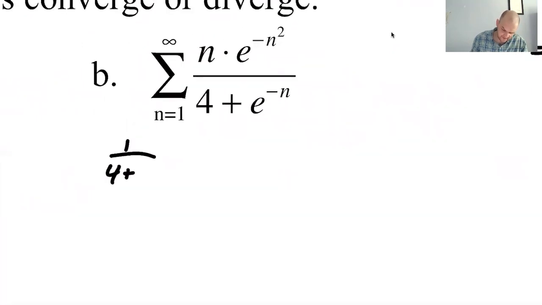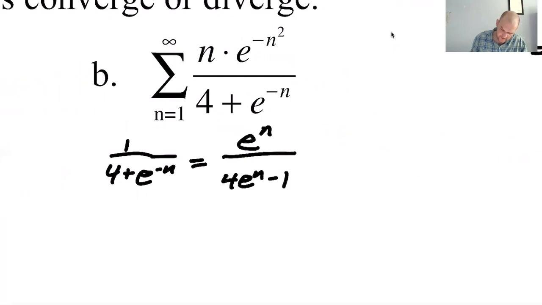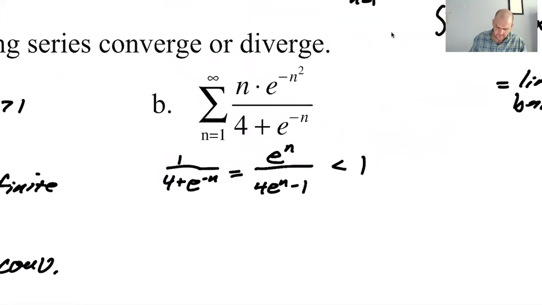So what I need in the middle of doing an annoying problem is I need it to auto format things for me. So what does this become? This is e to the n over 4 e to the n minus 1. This is less than 1 for, I don't know, for n values.